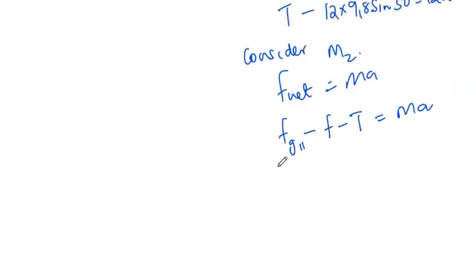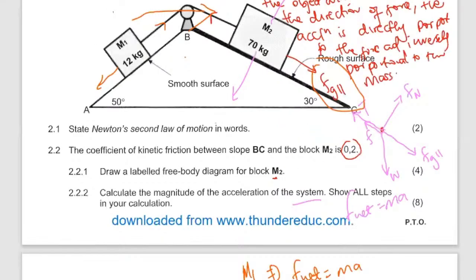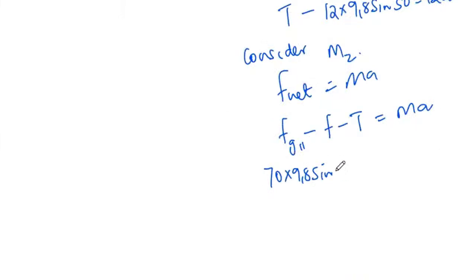With the frictional force as well, that is 70 times 9.8 times the sine of it. That's correct. Minus the frictional force. Remember, frictional force is always given as the coefficient times the normal force, which is mg cos of the angle of inclination.